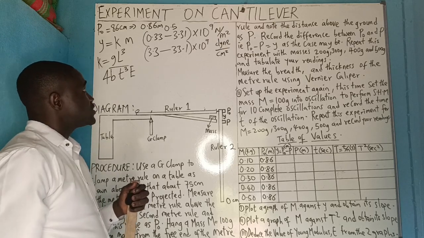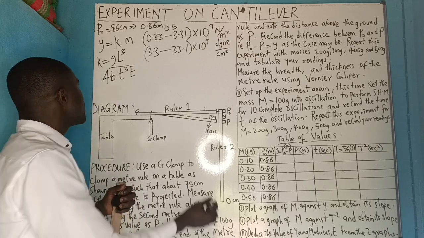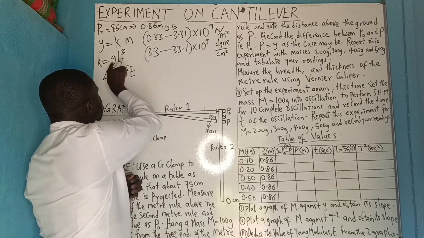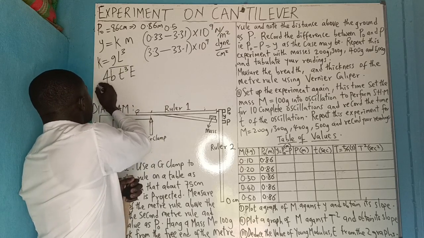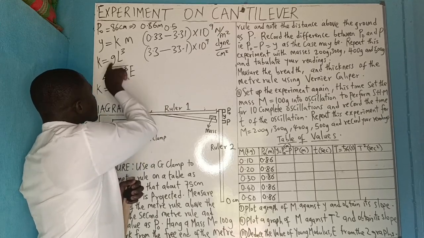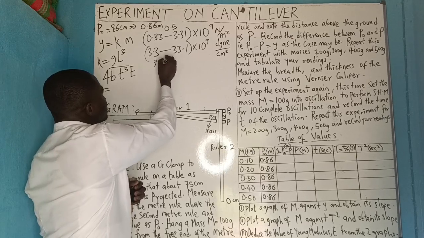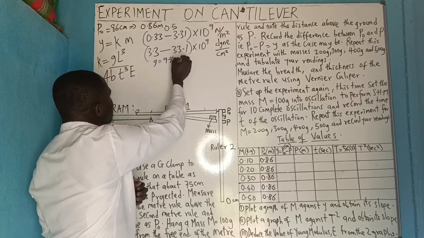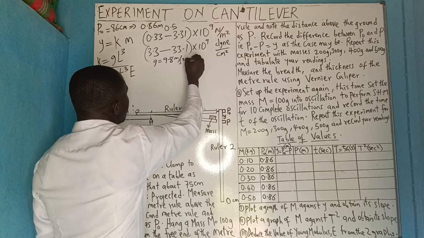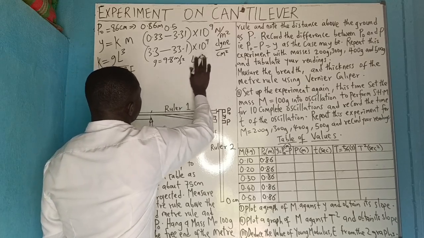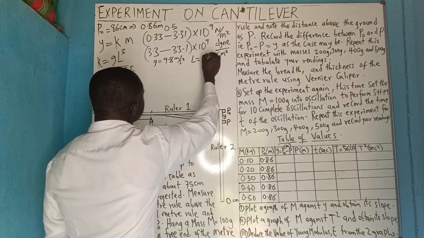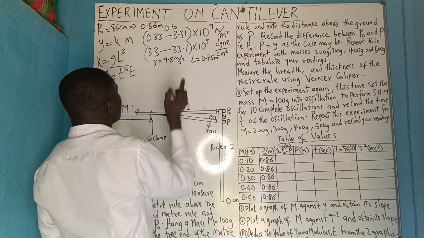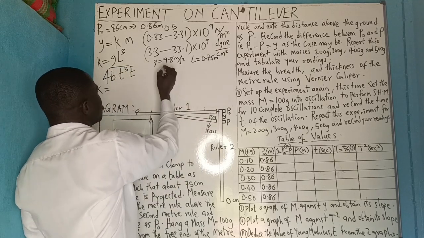And so we now say this K will be equal to, g is what? 9.8 meter per second squared. L is equal to 0.75 meter. E, we have noted it.